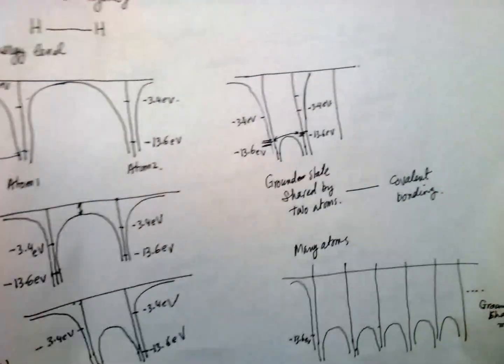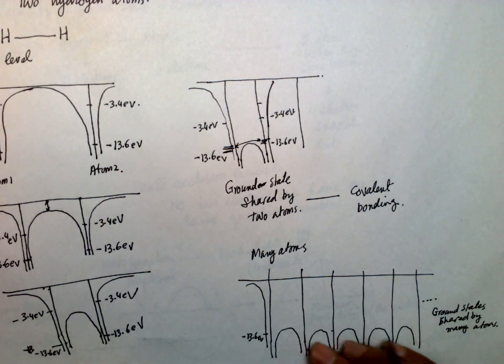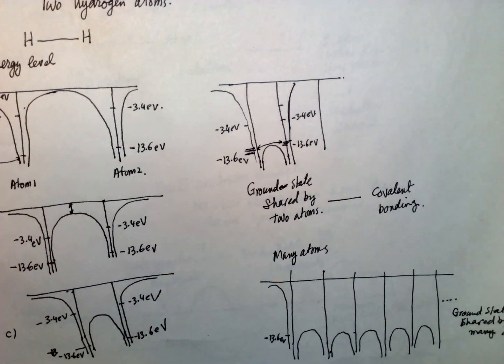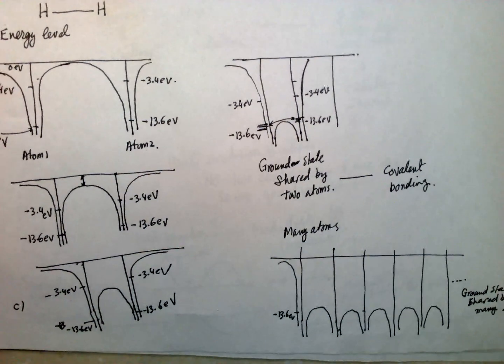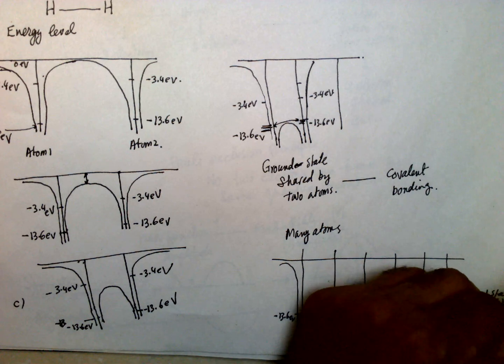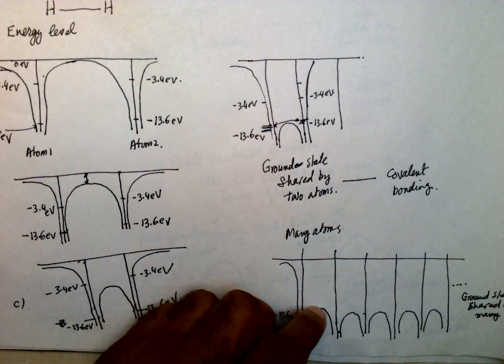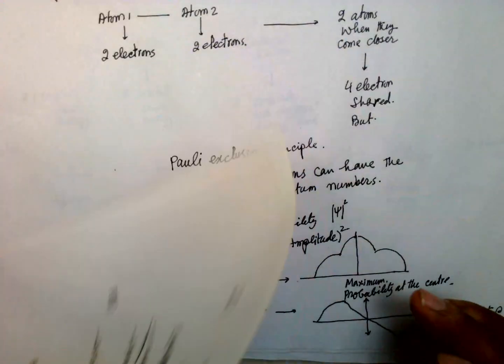If there are many electrons, they will have this kind of arrangement, so that an electron will be able to move from one nucleus to another one.